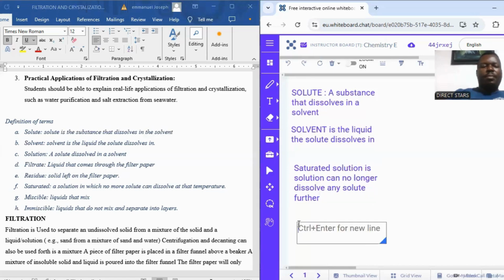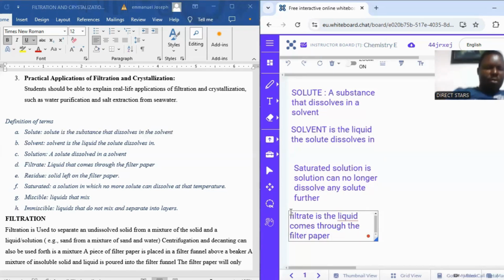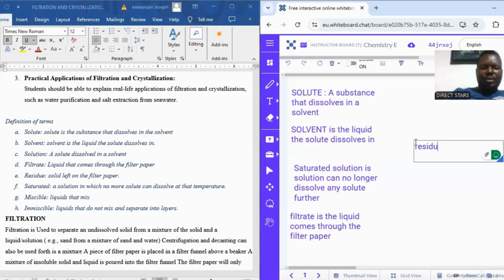Another terminology we'll be looking at is filtrate. Filtrate is a liquid that comes through the filter paper. So that is what a filtrate is. And then the opposite of that is your residue.